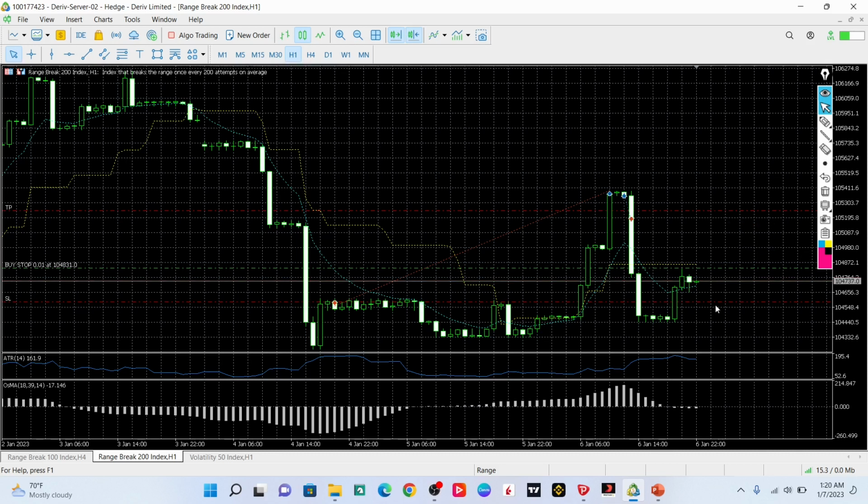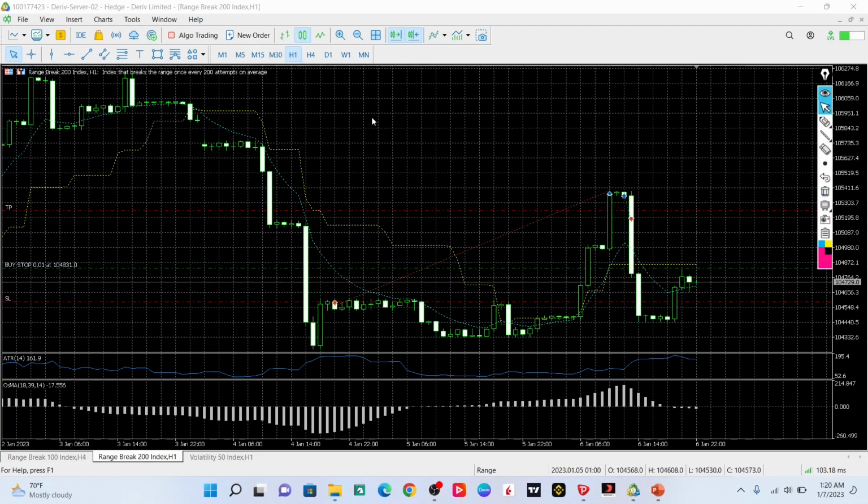So you can see that your total maximum risk is $2.43 to make $4.15. That is not bad. That is how we place our stop losses and then our take profits.